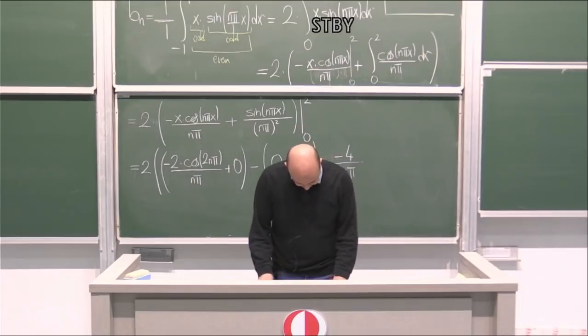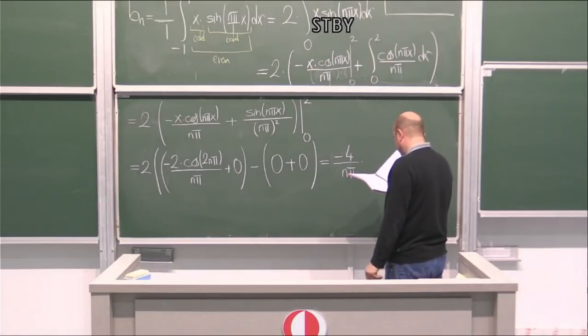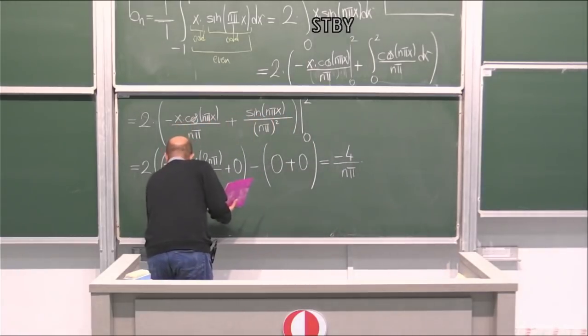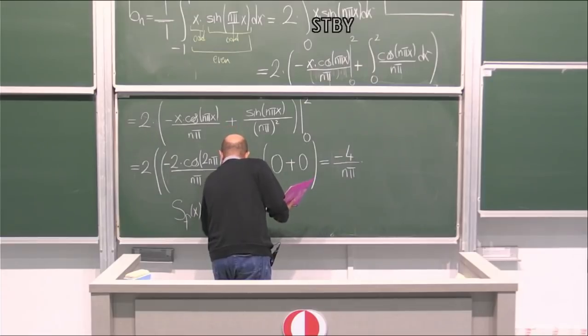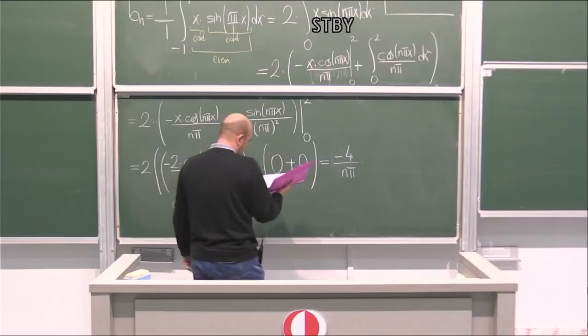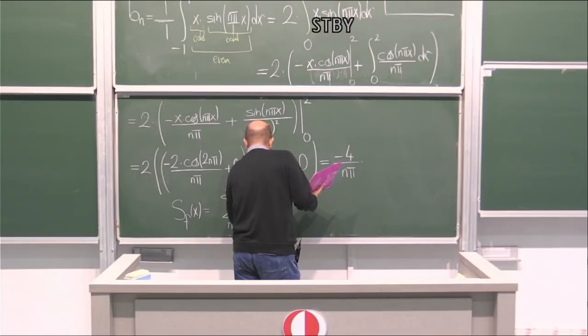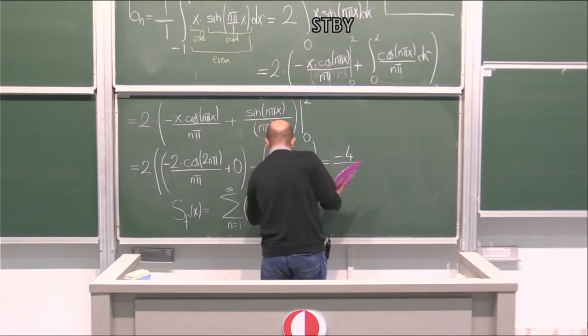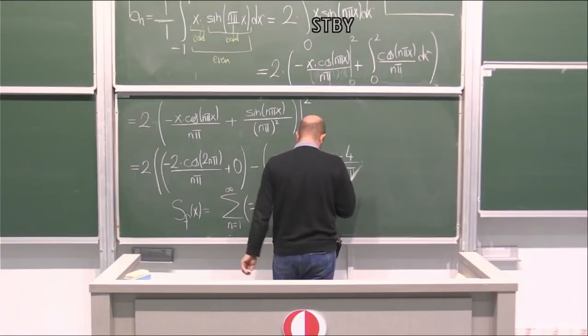So then we just have this Bn, and if you write the Fourier series, it is the sum from n equals 1 to infinity of minus 4 over n pi times sine n pi x.